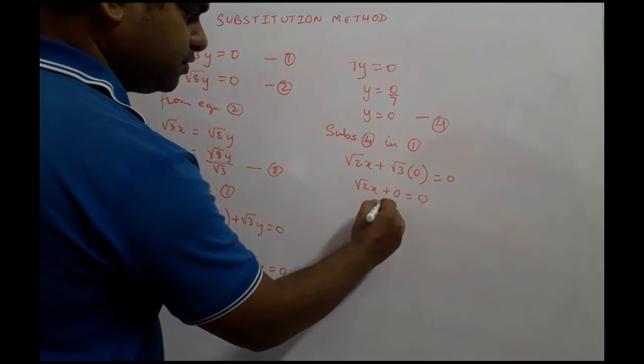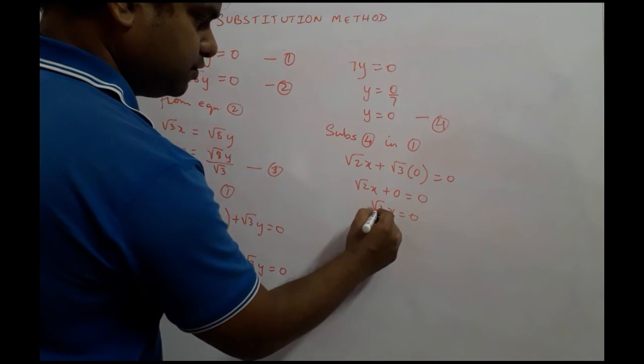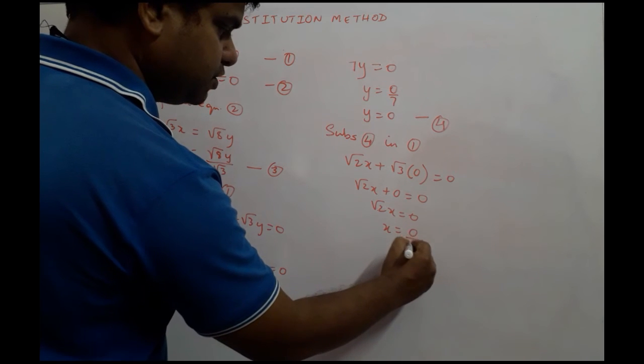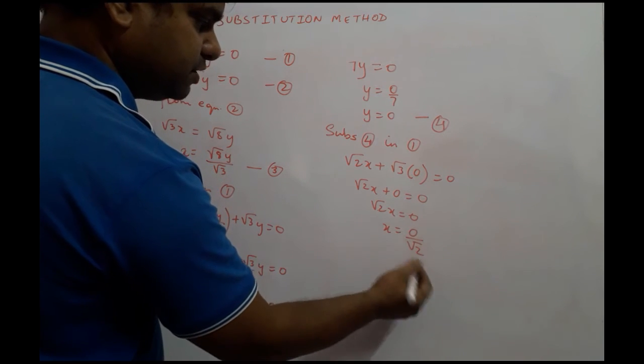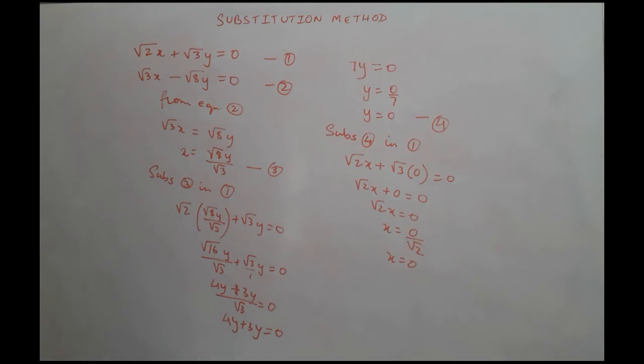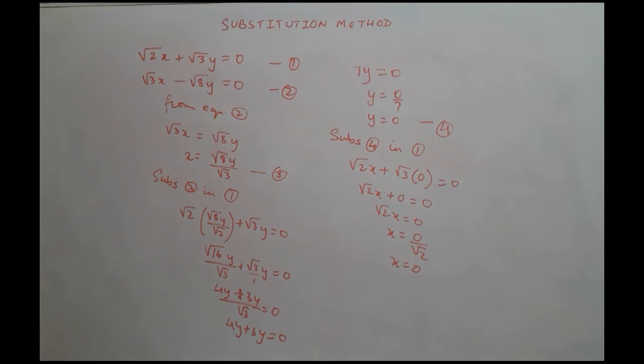So we get root 2x equal to 0. Root 2, I bring it down as division, x equal to 0 upon root 2. Division comes to 0. So x is also 0 and y is also 0 in our equation. Correct? We'll go to the next problem.